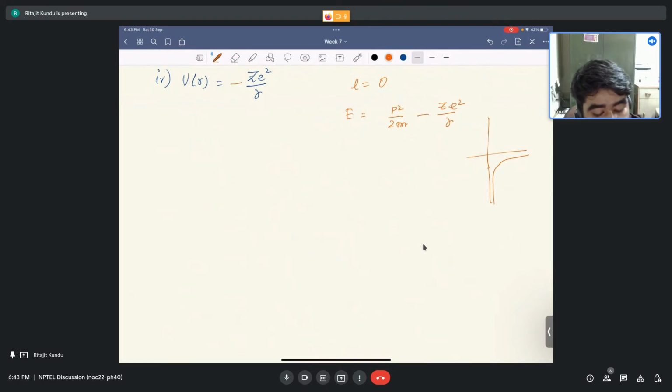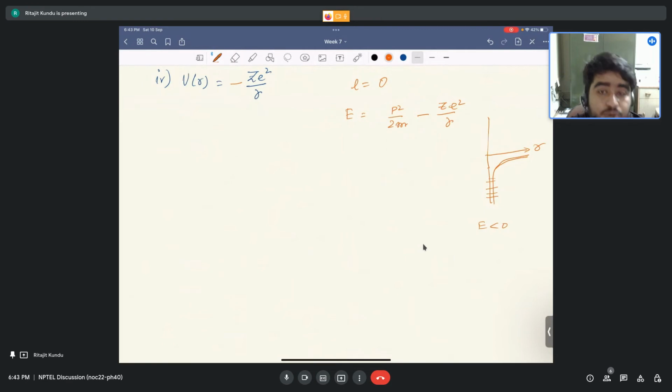So the potential is something like this, and this is your r. r goes from 0 to infinity, and we see that if the energy is negative, there are bound states. But for positive energy there can be no bound state. There can be scattering, obviously.